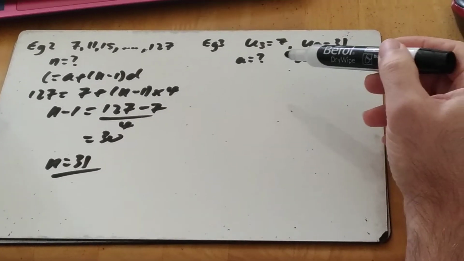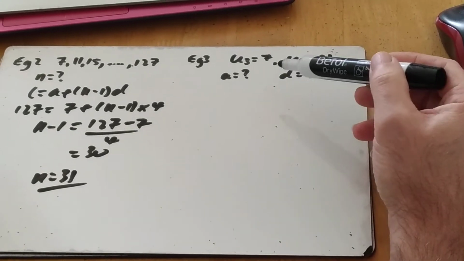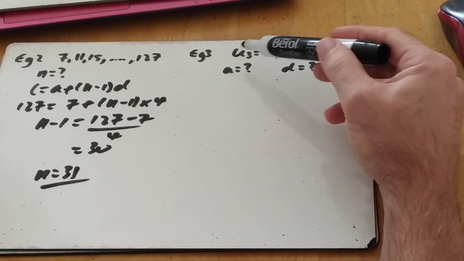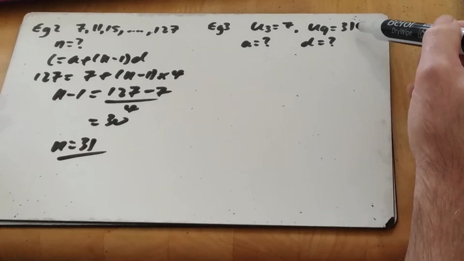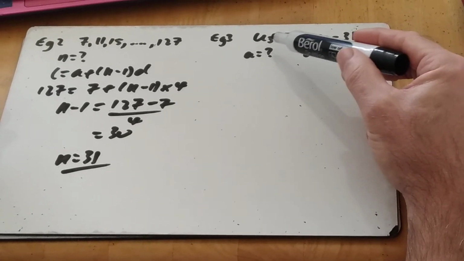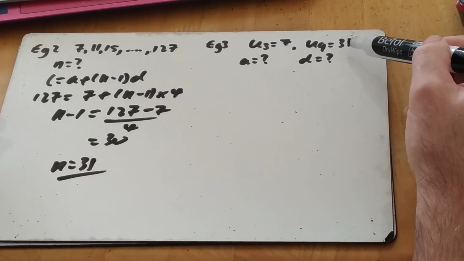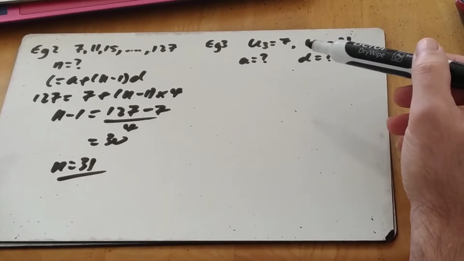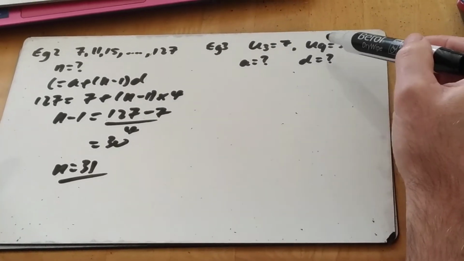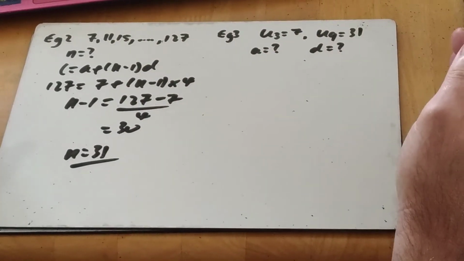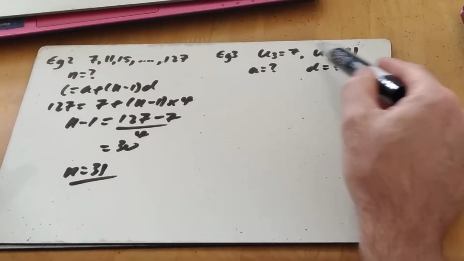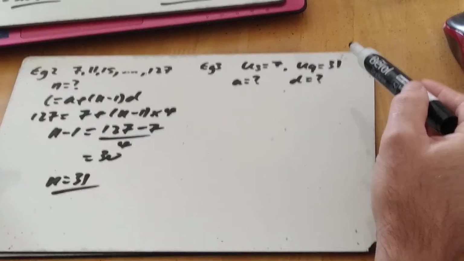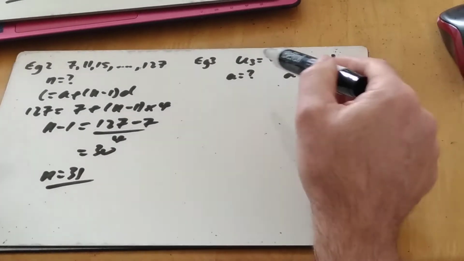This is now beginning to get towards your typical question you're going to see. We're given in words, the third term is 7, the ninth term is 31, and I can shorthand it to U3 equals 7, U9 equals 31. And we're asked to find A and D. Now, you can fudge it. You can say, to go from the third to the ninth, I go up by 6 lots of the difference, so 6 lots of the difference make 31 minus 7, 24, so the difference must be 4, and then go backwards.